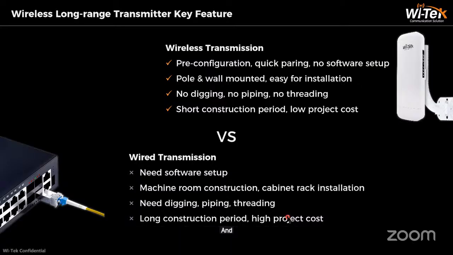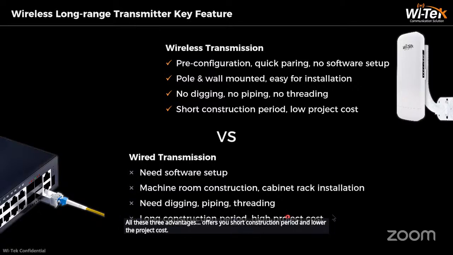And compared with traditional Ethernet or fiber optical solutions, there is no need for digging, piping, and threading. All these three advantages offer you a short construction period and lower the project cost.